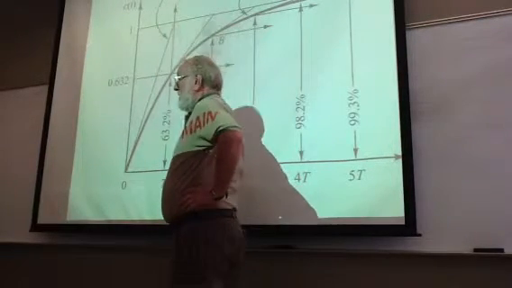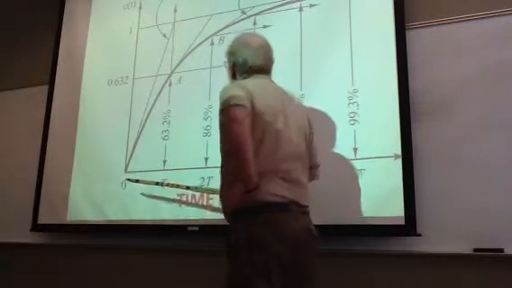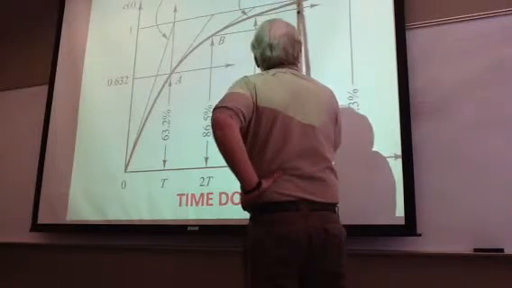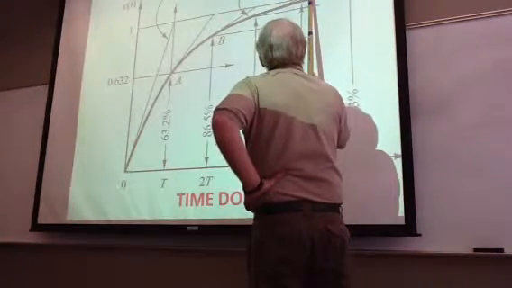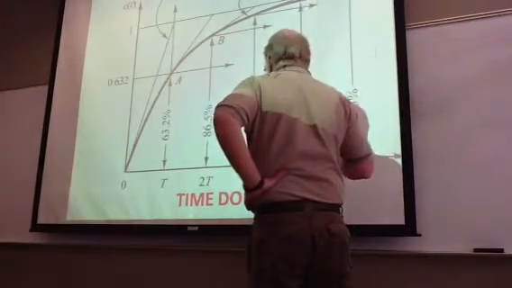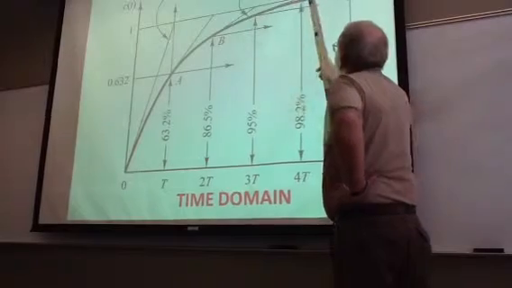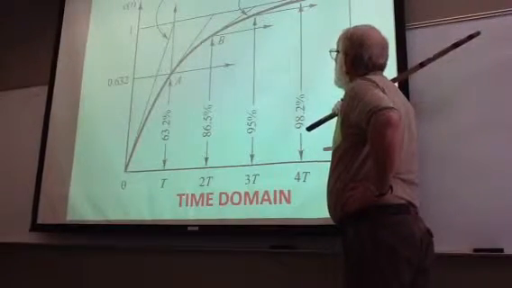This is a graph according to this function, 1 minus e to the minus little t over capital T. Capital T is this unit, and little t is a parameter.